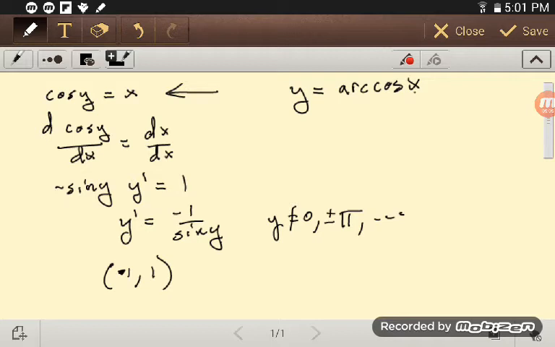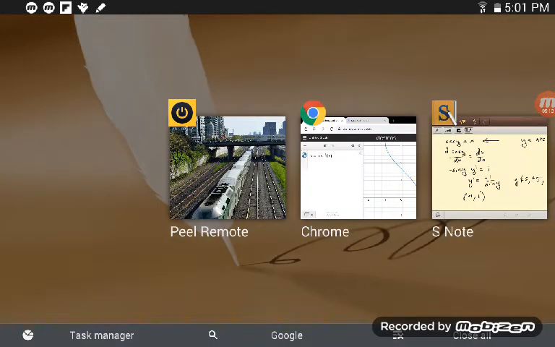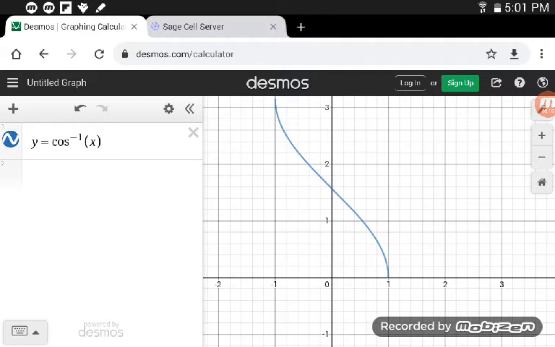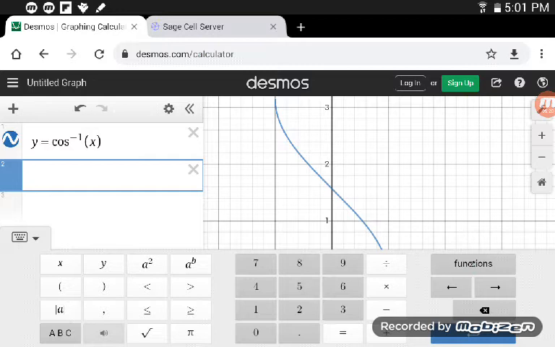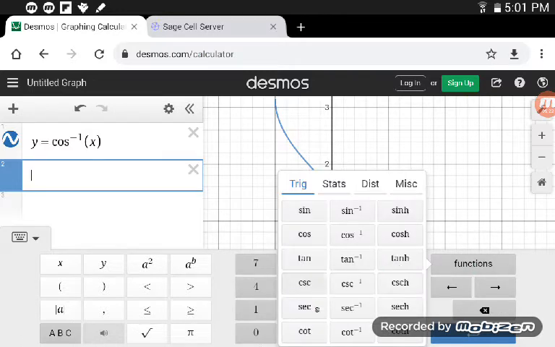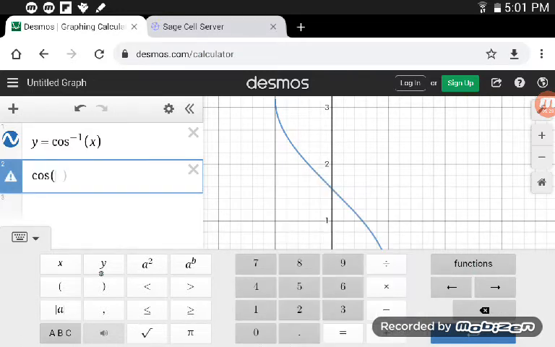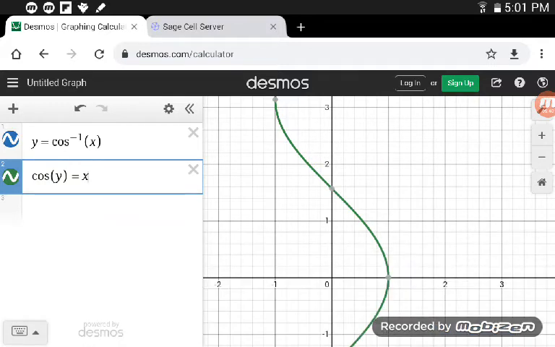Now, what if I actually just graph the cosine y equals x? So let's go back there and do that. So here I'll put in a function, cosine of y equals x. There's x. And notice, same darn picture, right? So let me get rid of that.